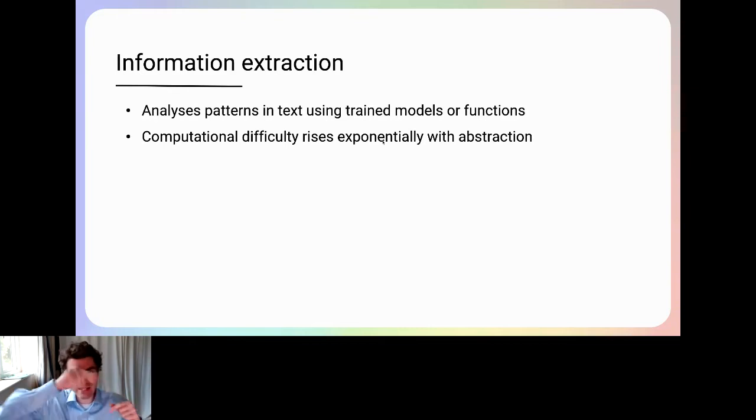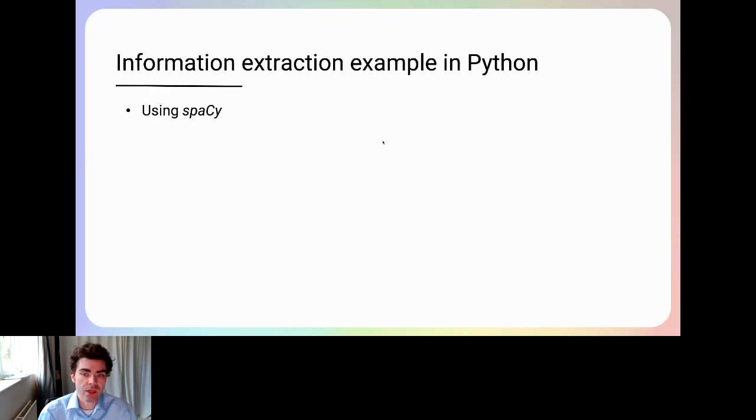Look at each word in turn and then the relationships to all the other words. Check it against a dictionary of all words, and then continue to do that for the whole corpus. That is exceptionally difficult. That's why we're not going to do it in programming. We're going to look at someone who's done it in programming and look at what they got. But what we are going to do is a quick example of basic information extraction in Python.